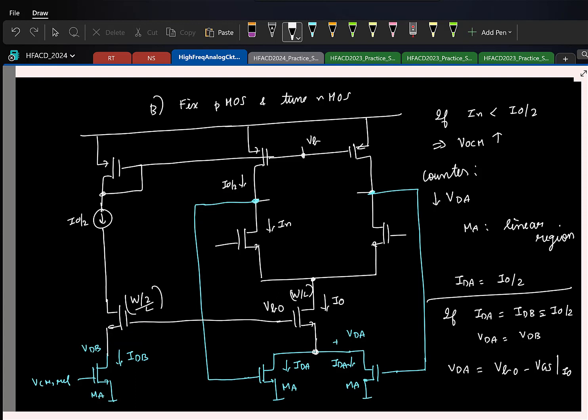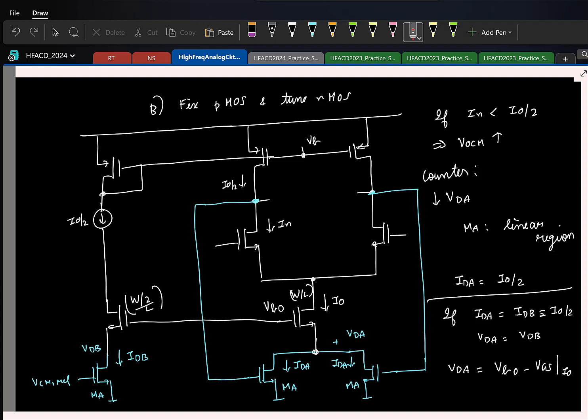If I do that, then both of them will have the same gate to source voltage. So as long as this voltage is the same for the two gates, these will also be the same, which means the loop will lock to a voltage so that the gate voltage here is equal to this.